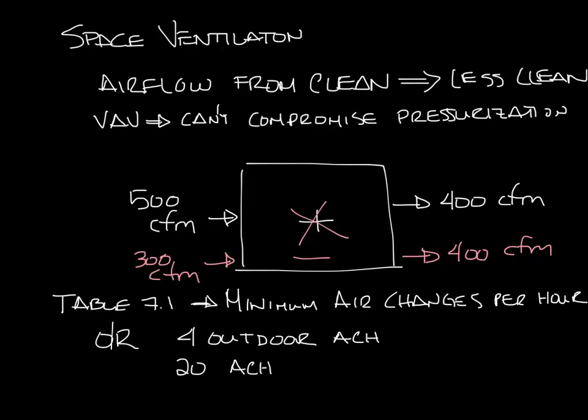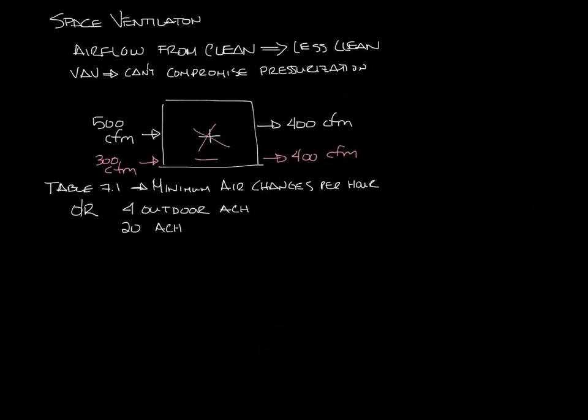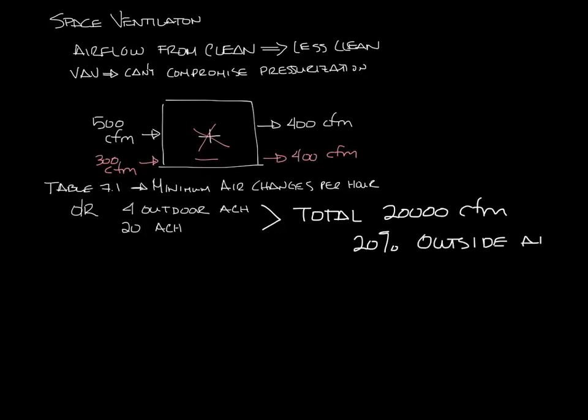So this is basically saying that you have to bring in the equivalent of 4 outdoor air changes as part of that 20 air changes. So if you have 20 air changes and that equals, say, 20,000 CFM, you have to have your outside air dampers set at about 20% so that you can get the 4,000 CFM of outdoor air into the space as well.